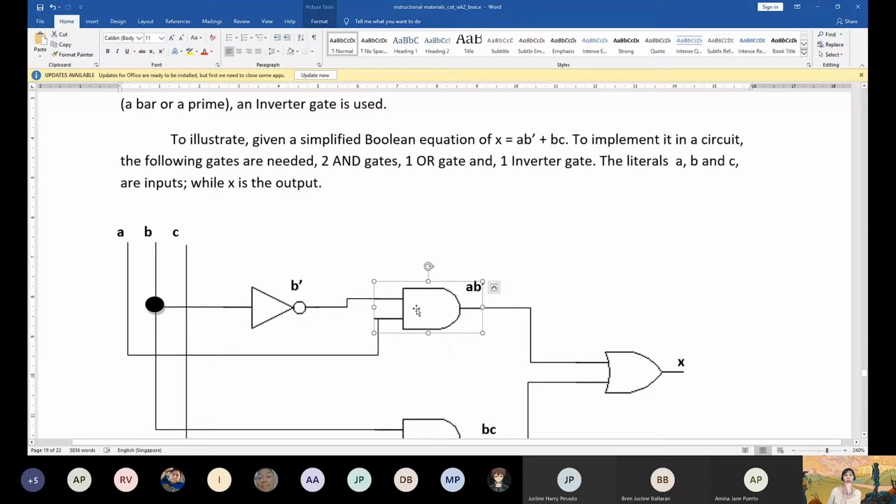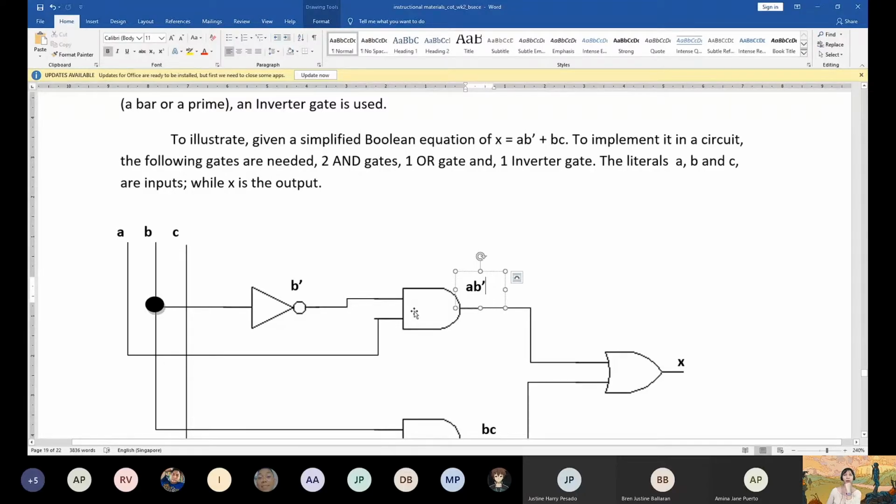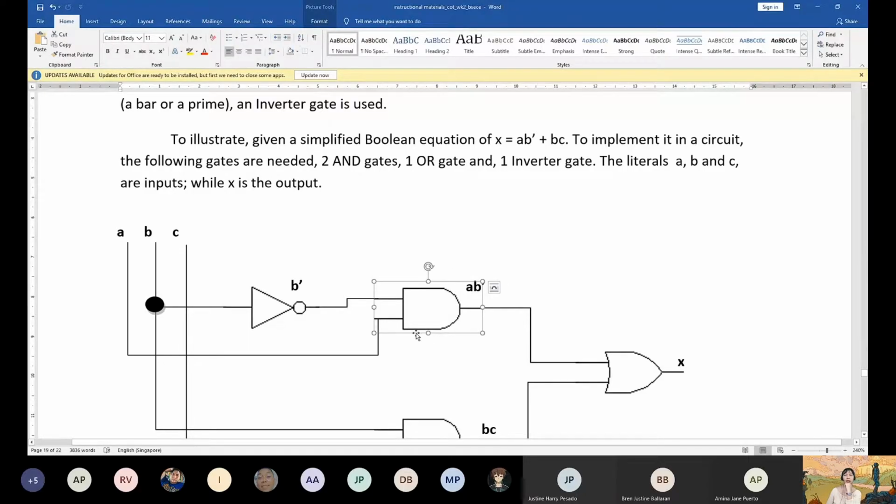The output of the inverter is inputted to one input of the AND gate, and the other input is connected to A. This input is B prime, and this one is A. What it does is A times B prime, so the output of this AND gate is AB prime. Again, what IC is this? What gate is an AND gate? What number of IC?